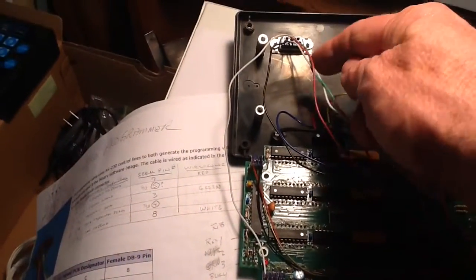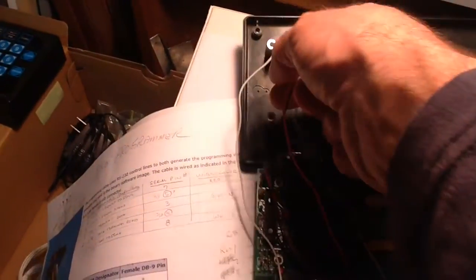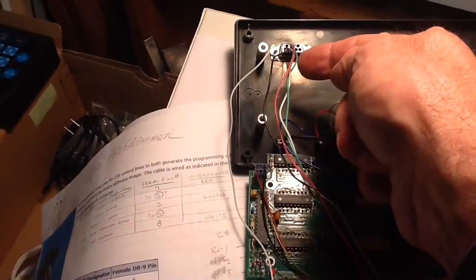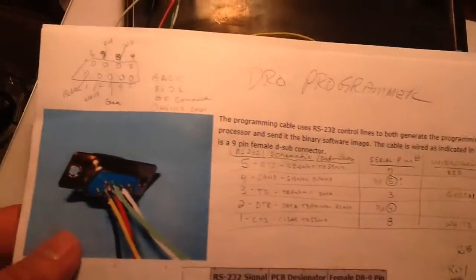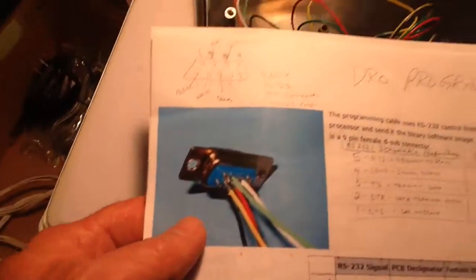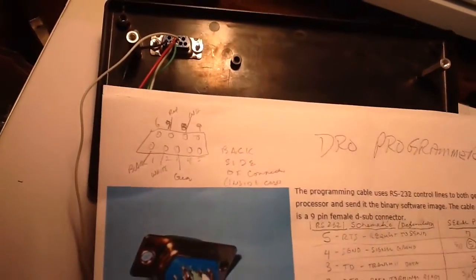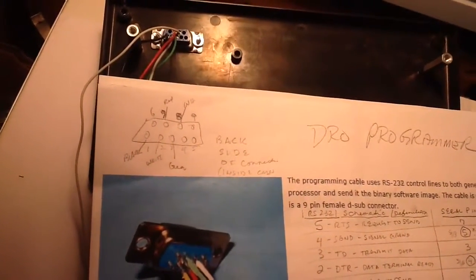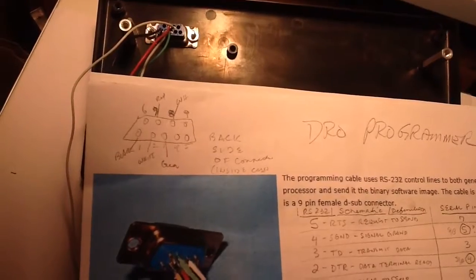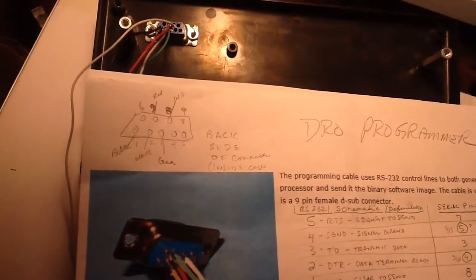So first thing I did, I looked up online how a serial connector is numbered, and let me show you what I found. Okay. So in this case, looking into the back of the serial connector, top right hand corner would be 9, 8, 7, 6 across the top, and then 5, 4, 3, 2, 1 across the bottom.